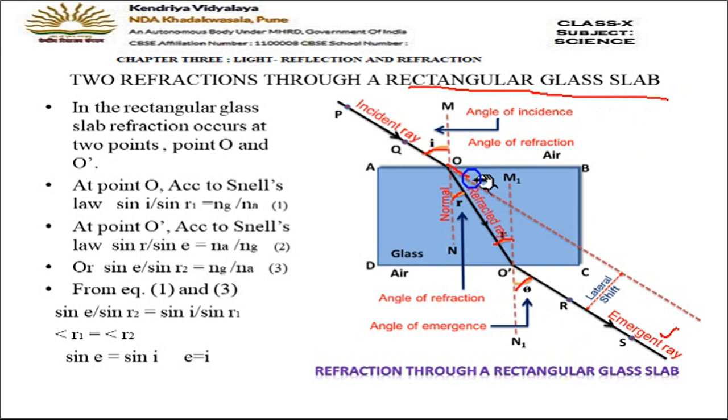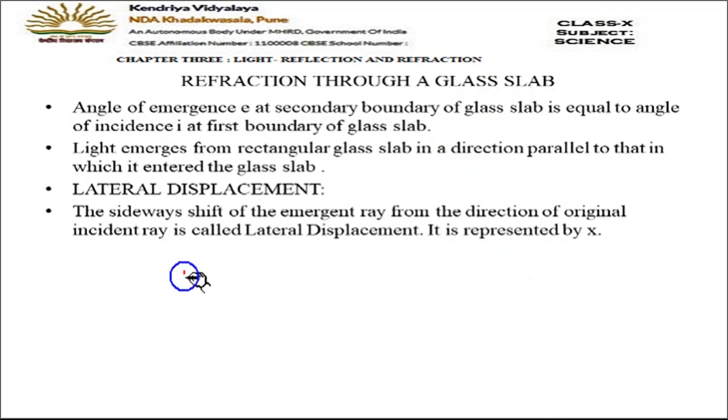Because you can see that this incident ray is parallel to the emergent ray. The incident ray and the emergent ray, they both are parallel, which you can see through the lateral displacement. That's why angle I is always equal to angle E in case of a rectangular glass slab.